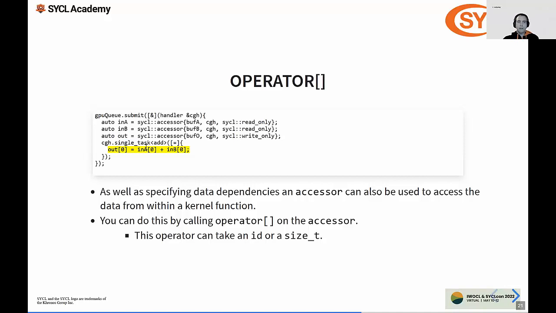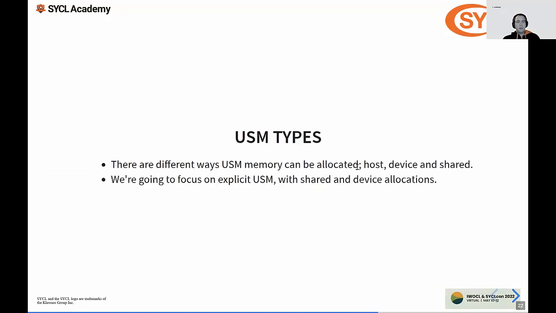And we've accessed this using the subscript operator. This can be a size_t or it can be an id class. So that mostly covers the buffer accessor model. And now we can move on to USM.